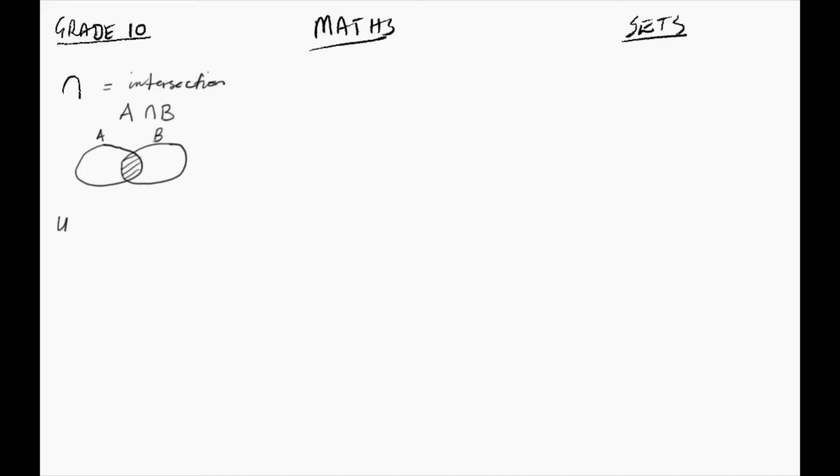Not like this, it's not a U. It's a sign that looks like this, not a U, okay? Union. Now, how does the union of two sets A and B look? It looks like this.